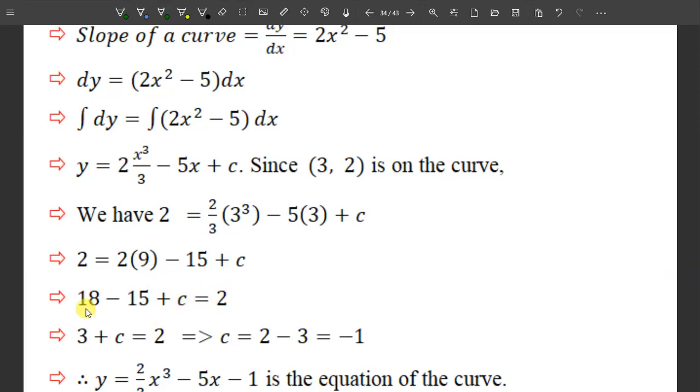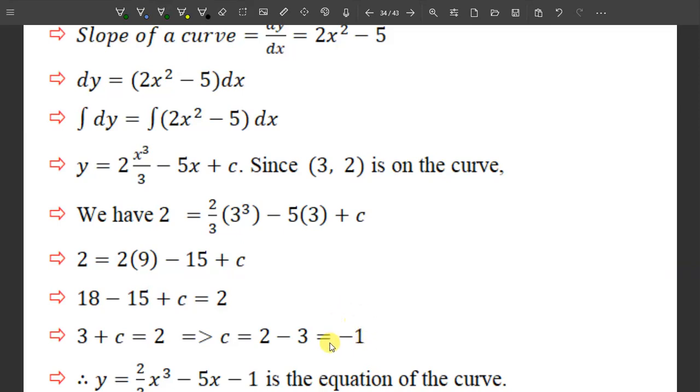Subtracting 15 from 18, we get 3. So 3 plus c is equal to 2. Since this is a linear equation, simply find c by moving this 3 to the right, which becomes minus 3, and therefore c is equal to 2 minus 3, which is minus 1.